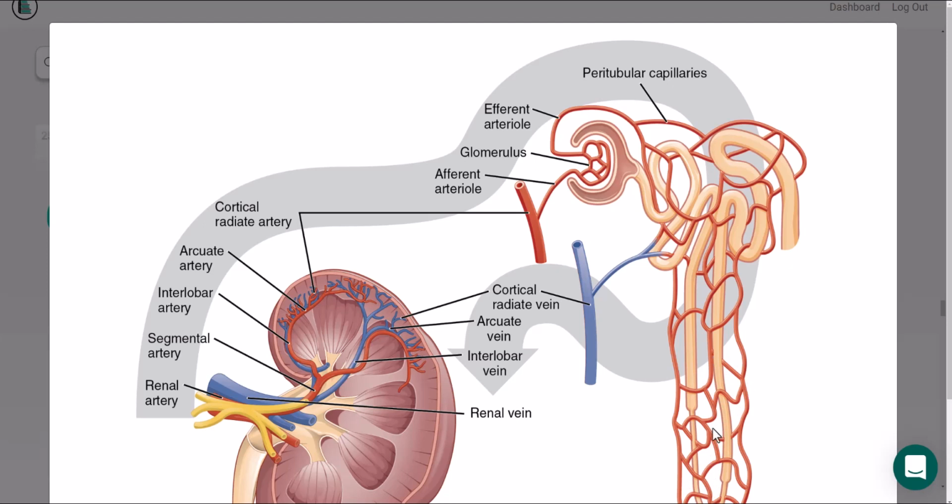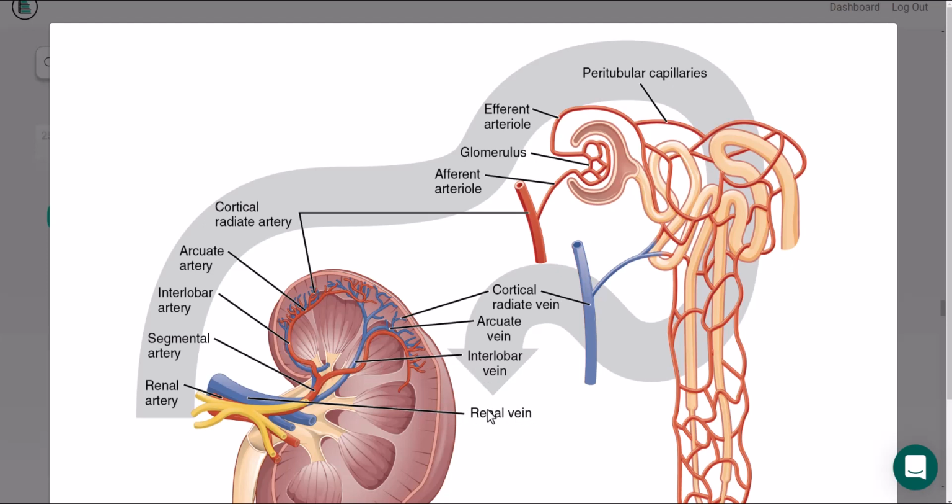It's not shown in this rendition, but in these capillaries, you would start to see gas exchange. You'd see some purple colors, and then blue blood leaving, deoxygenated blood, which then comes back through basically a reverse of all of these veins. There's the cortical radiate veins. They then merge into the arcuate vein, into the interlobar vein, and the interlobar vein then drains out the renal vein.